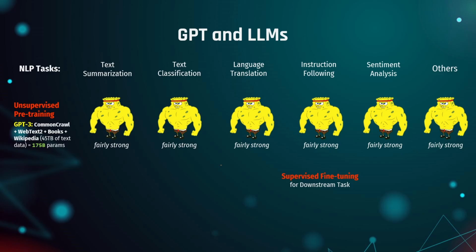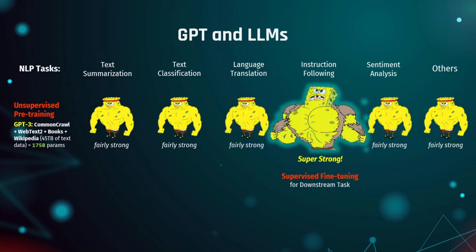Our model becomes exceptionally strong at that downstream task, right? So after unsupervised pre-training, our model is a jack of all trades and master of none, then after supervised fine tuning our model becomes not only a jack of all trades, but it gains expertise, it becomes a master on a particular NLP task.